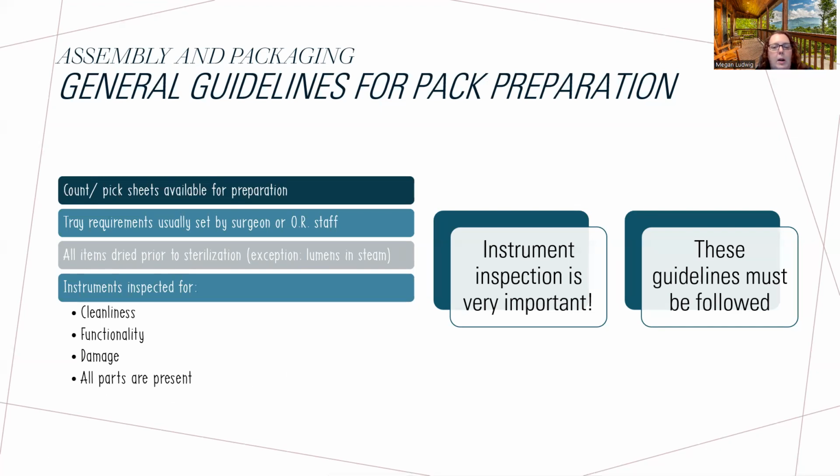Sometimes you'll have to reference your IFUs to make sure, if it's a multi-part thing, all the parts are there, if you're not familiar with what that particular item is. So instrument inspection is super important because it's going to go back up to the OR for that surgeon to use on that patient. If it's not all there or it's not working properly, it can definitely cause a delay or even potentially patient injury.